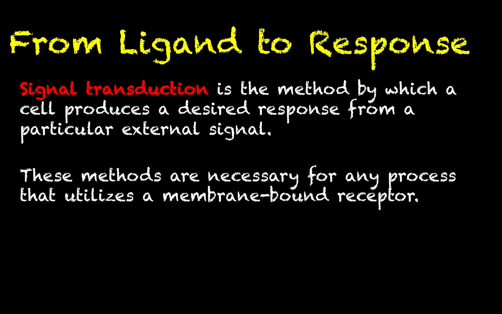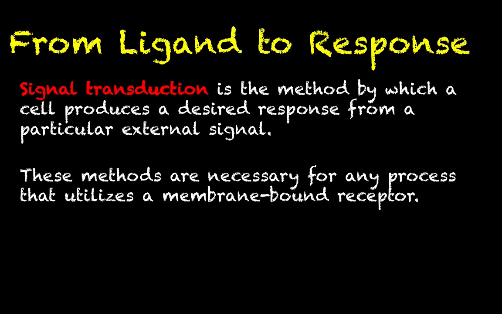So think of it this way. The signal, the ligand, cannot cross through the membrane, but at the same time, that signal is carrying the message that we want to convey across the membrane to all of the proteins and components inside the cell. So the message stays outside the cell, but the machinery for producing the response is all inside the cell.